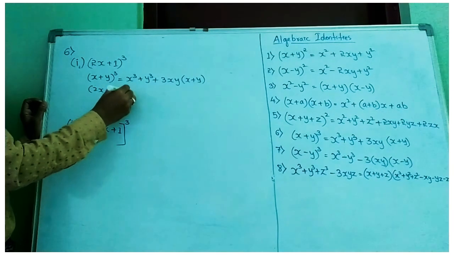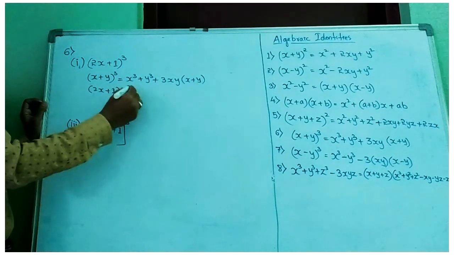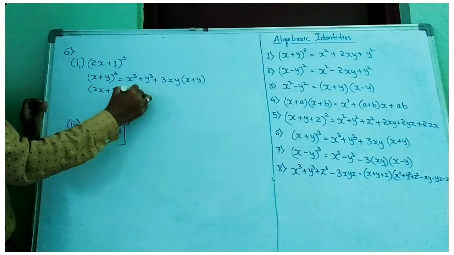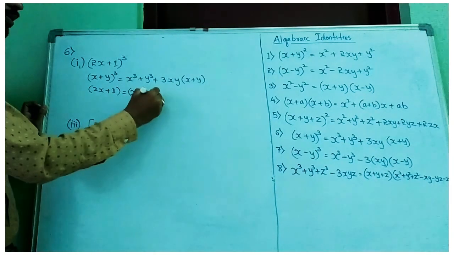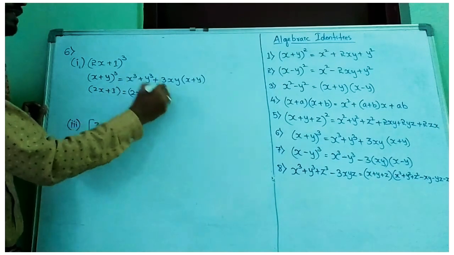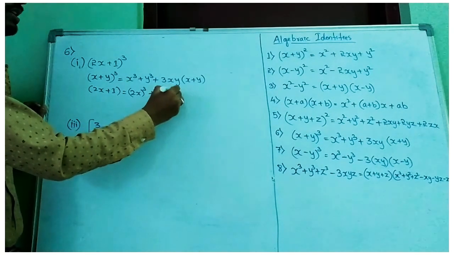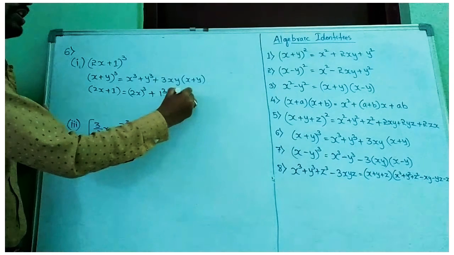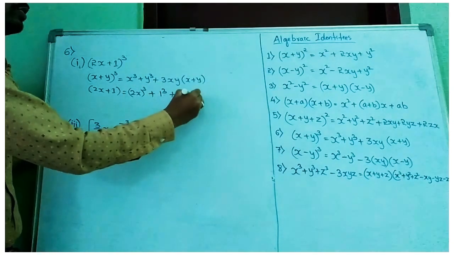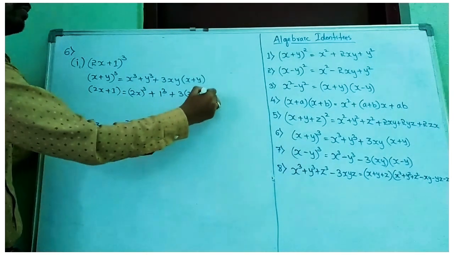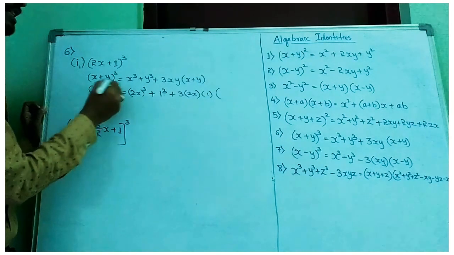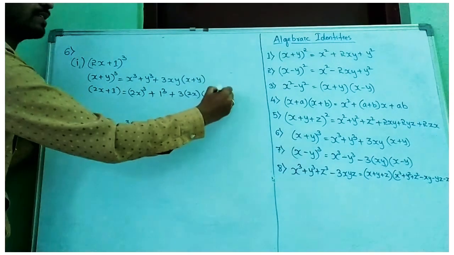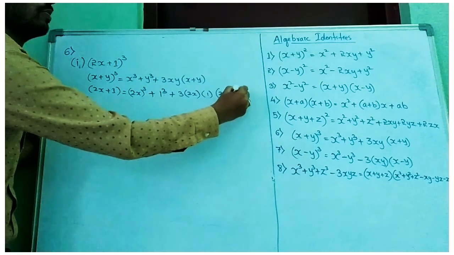Okay, so now you write it. 2x plus 1 whole cube: x means 2x, and it is cube. So 2x whole cube plus y is 1, so 1 cube, plus 3 into what is x? 2x. What is y? 1. So in brackets, x plus y, x is 2x plus 1.